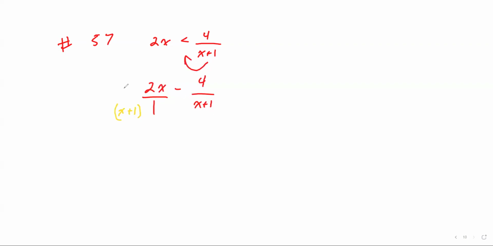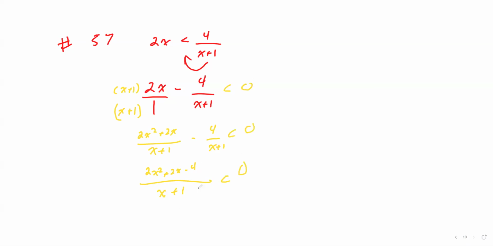I don't have to do anything to this, but if I do it to the bottom, I have to do it to the top. So this now becomes 2x squared plus 2x over x plus 1 minus 4 over x plus 1. Once the denominators are the same, I can write it out all at once: 2x squared plus 2x minus 4 over x plus 1. That is my gigantic inequality here.